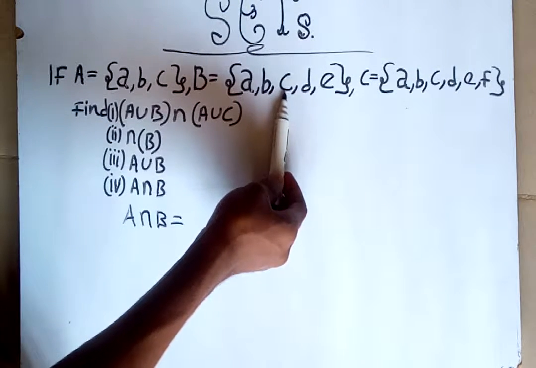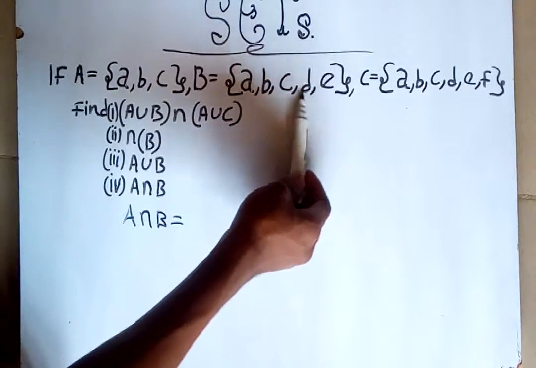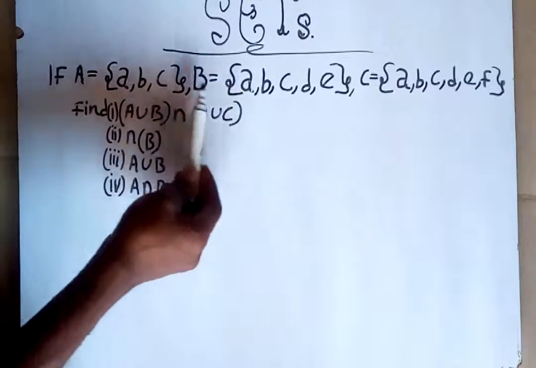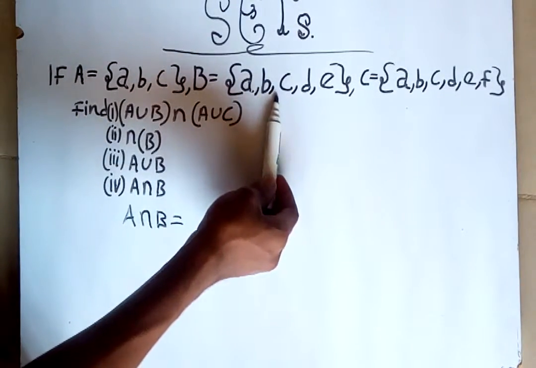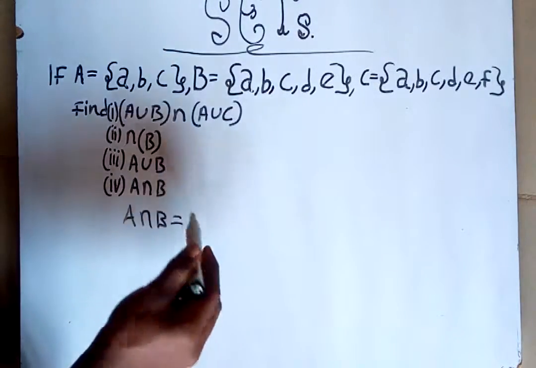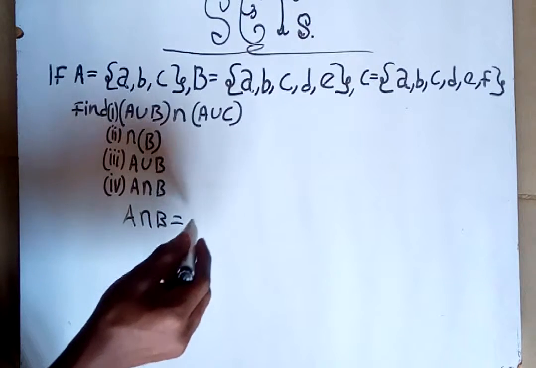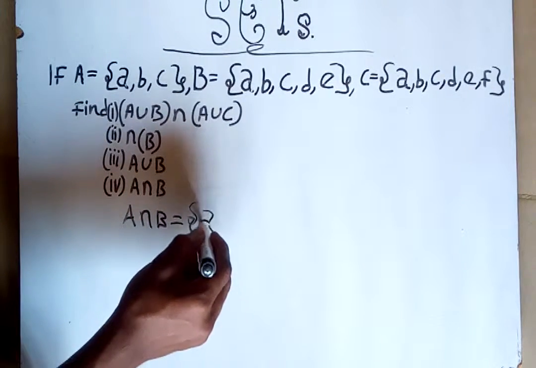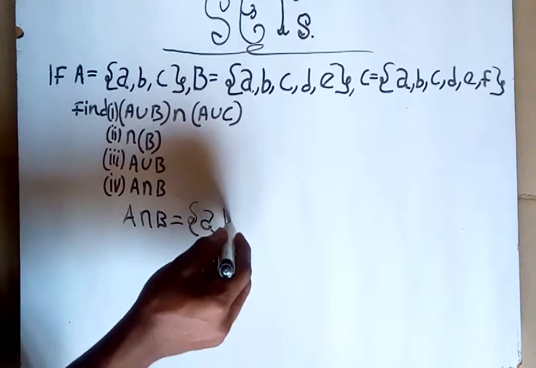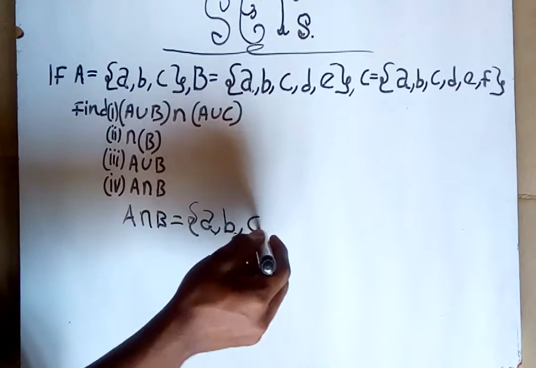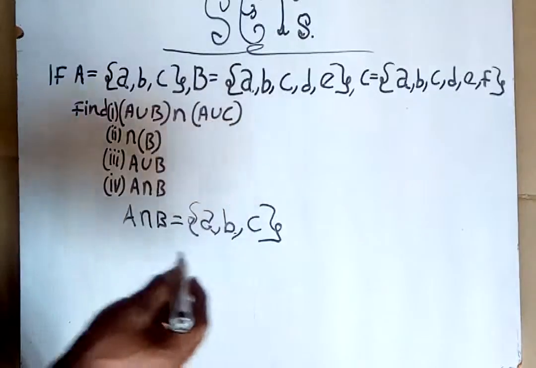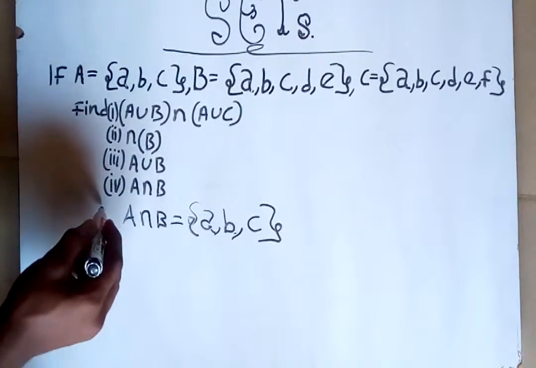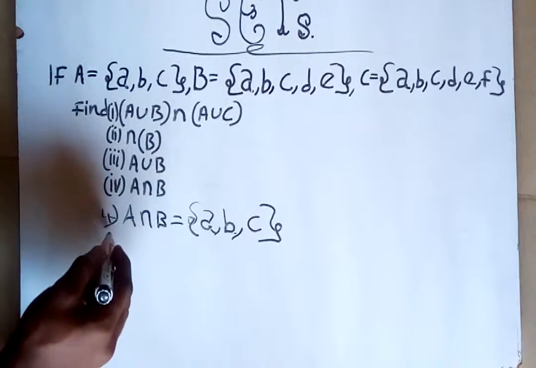So I guess that's odd, because these two are not in A. Whatever is in A and it's also in B, that's what's going to be our intersection of A and B. So we write it down: A, B, C. Yeah, that's it for this question. So that's for number 4.